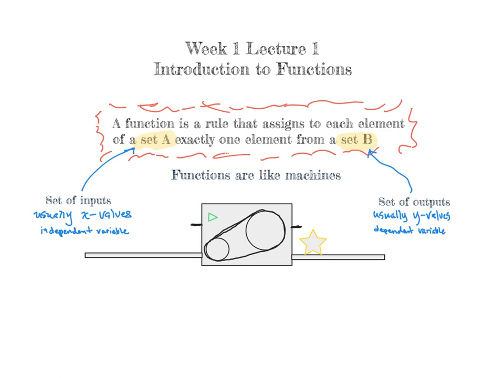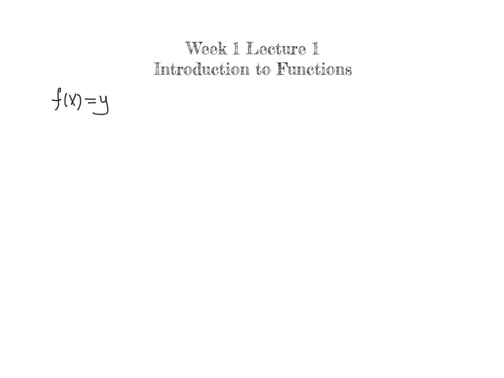The rule, or the function itself, is represented by some other letter, usually f, and we write f of x equals y. This equation can be thought of as saying f acts on the input x to produce the output y. So x gets turned into f of x.